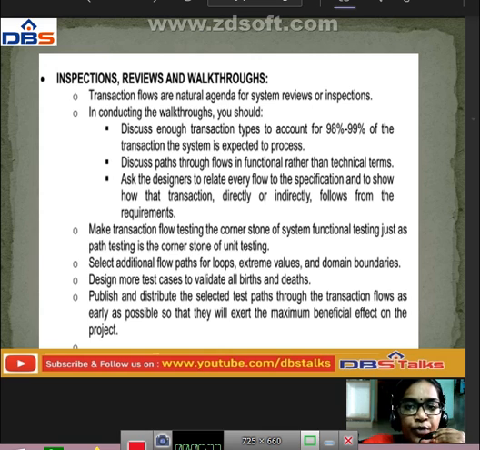Let us see. Here, the transaction flows are the natural agenda for the system reviews or the inspections. In order to perform the system reviews or inspections, the transaction flow is considered the basic natural agenda. In conducting the walkthroughs, you should discuss enough transaction types to account.